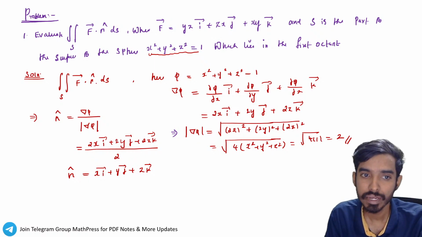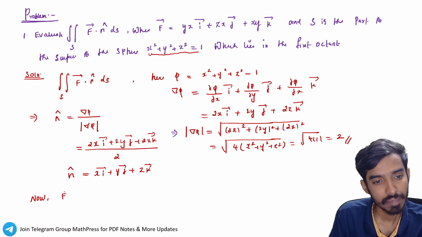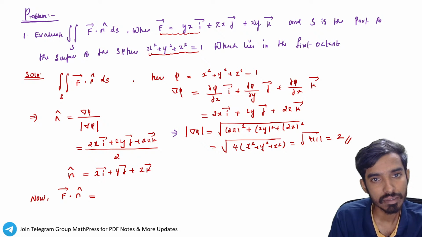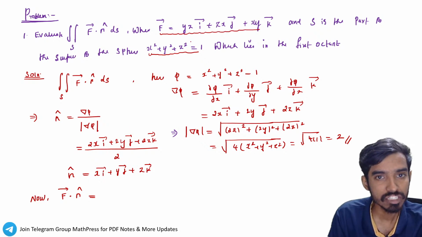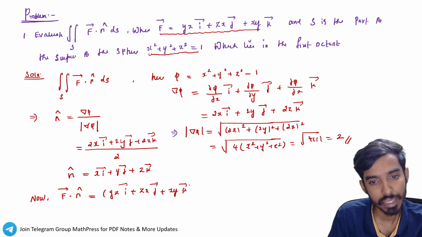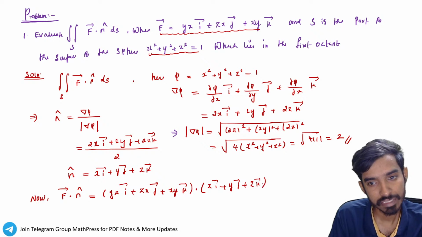Now we will find f vector dot n cap. So f vector is this, n cap is this. You just make a dot product. So f vector is yz i vector plus zx j vector plus xy k vector dot n cap, which is xi vector plus yj vector plus zk vector.